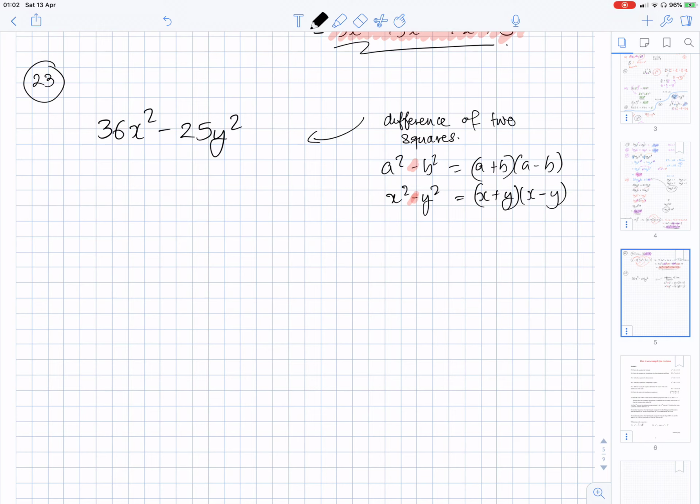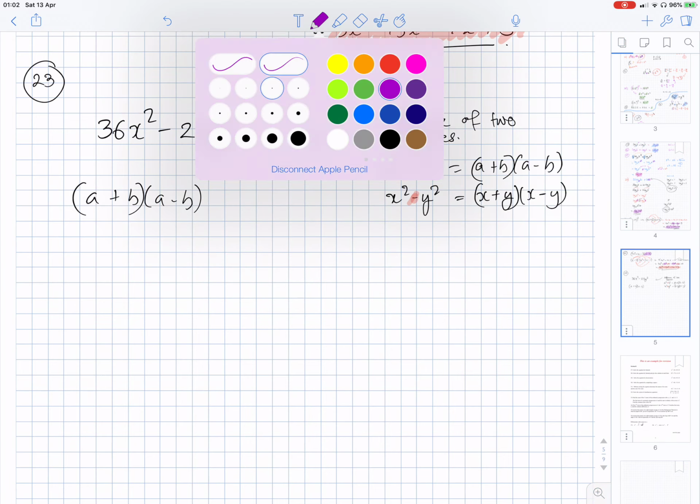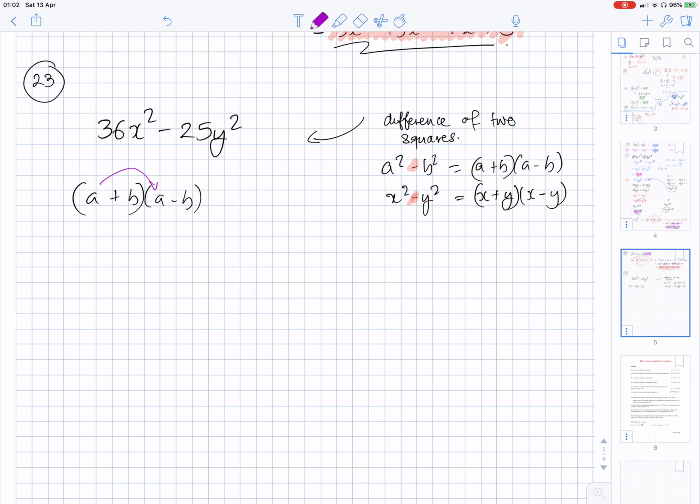If we take a plus b, brackets a minus b, and we multiply them, I'm just going to prove why this is true. If I multiply a times a, b times a, a times b, b times b, I'm going to get a times a minus a times b plus a times b minus b times b.